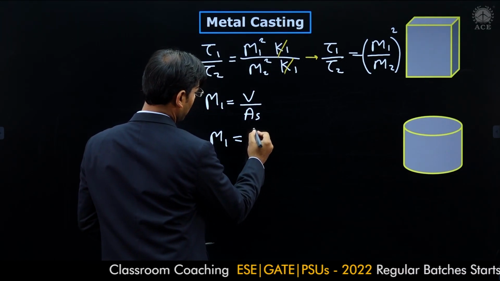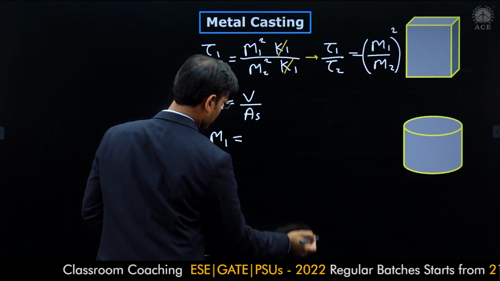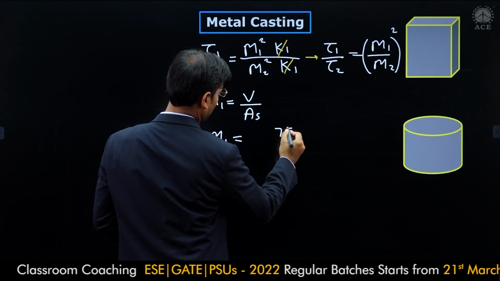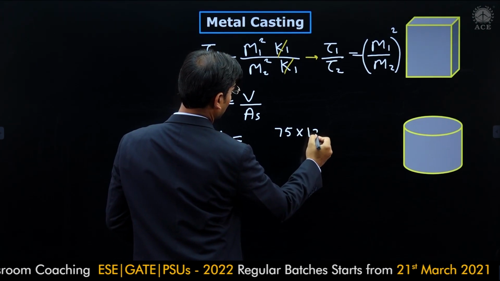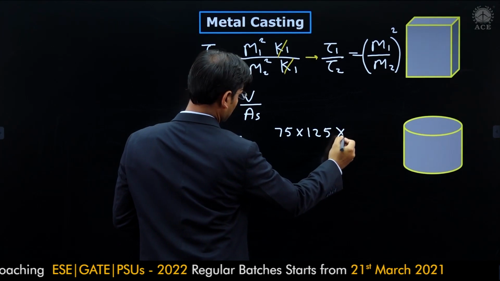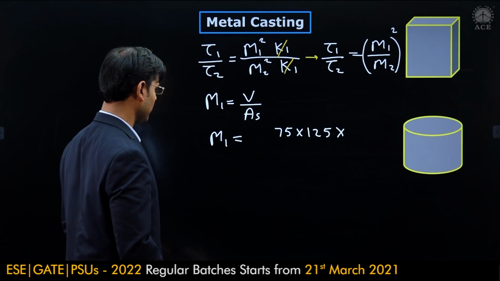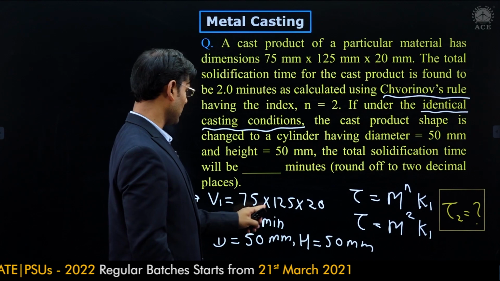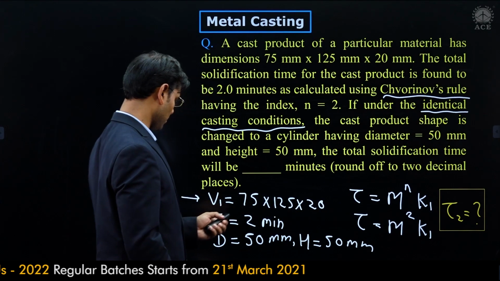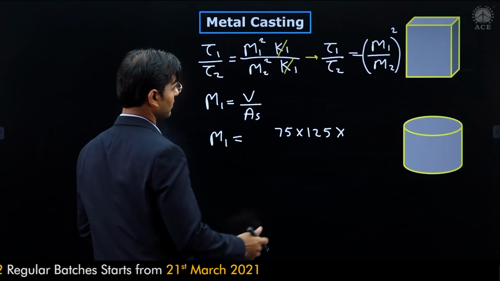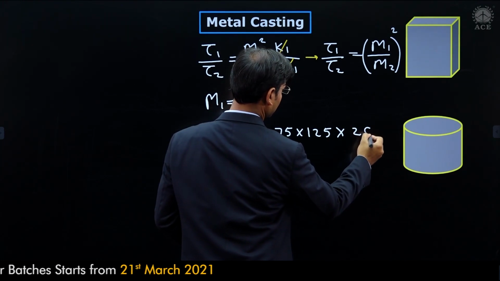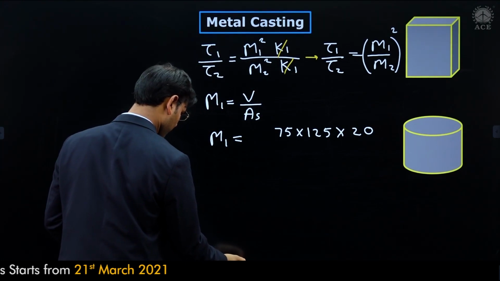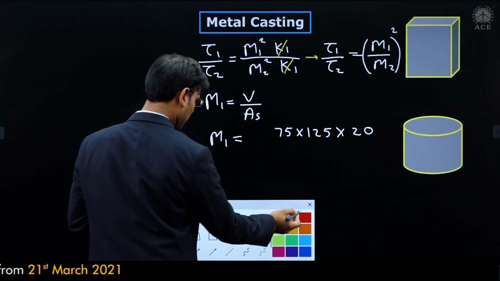I am writing the dimensions: 75 into 125 into 20. That is the volume. Now you have to calculate the surface area.